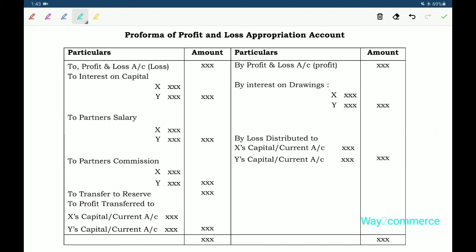So in general profit and loss account, if profit arises, it is on the debit side. If loss arises, it is on the credit side. So if profit arises, the transfer to profit and loss appropriation account, what is the entry? Profit and loss account debit to profit and loss appropriation account. So this is the first entry.